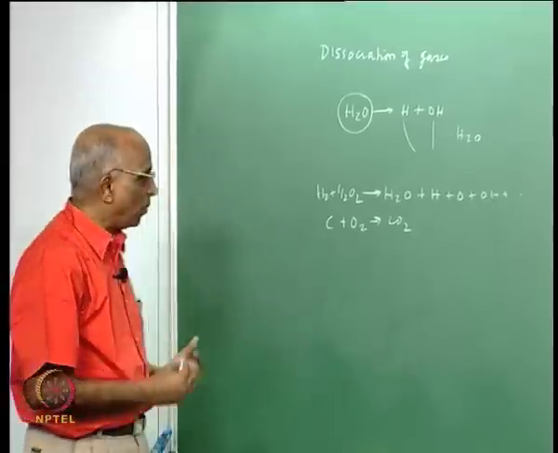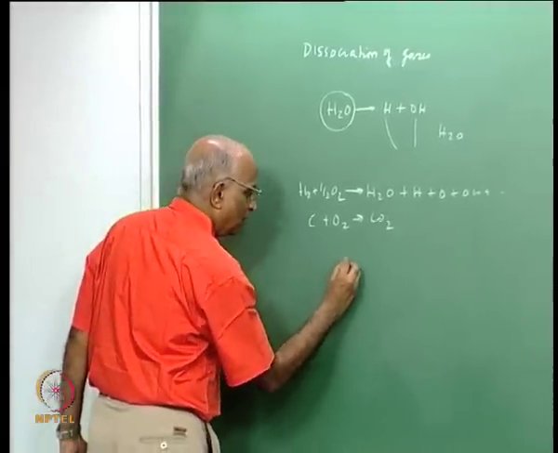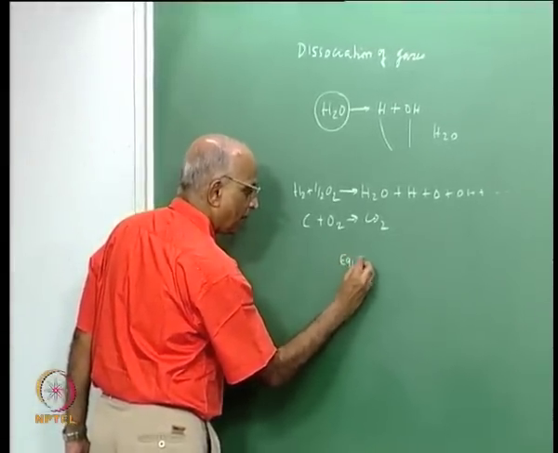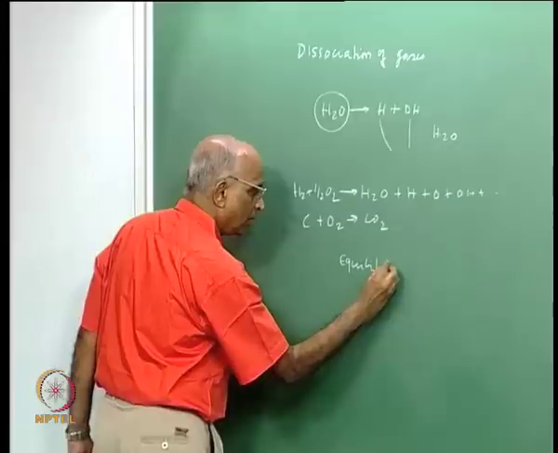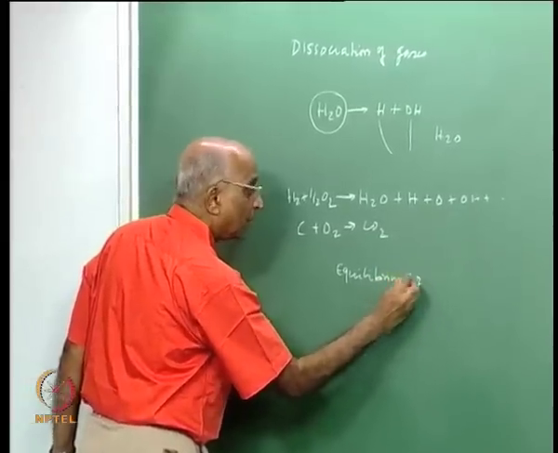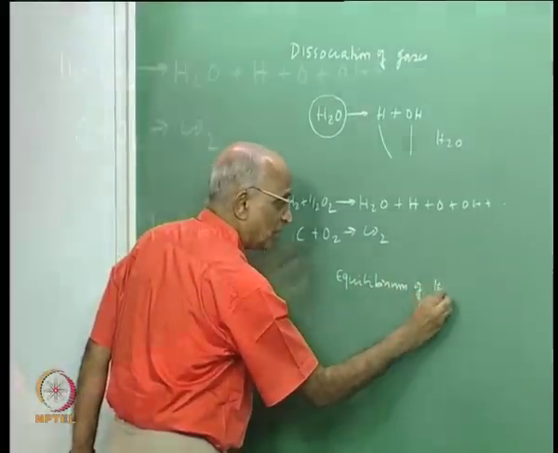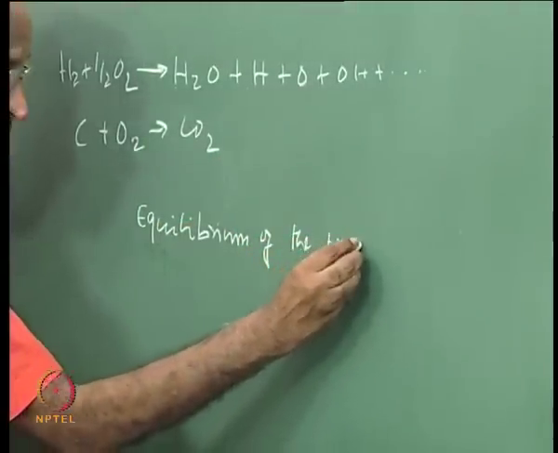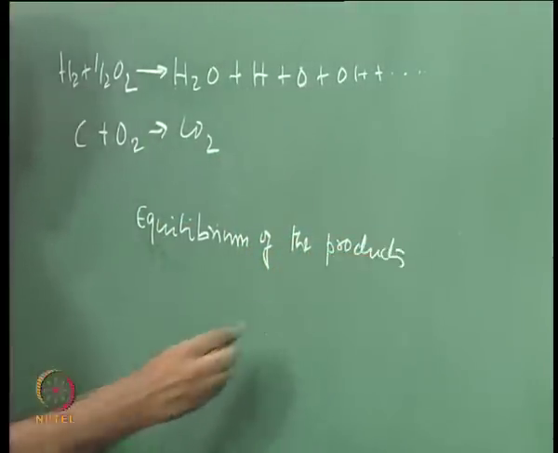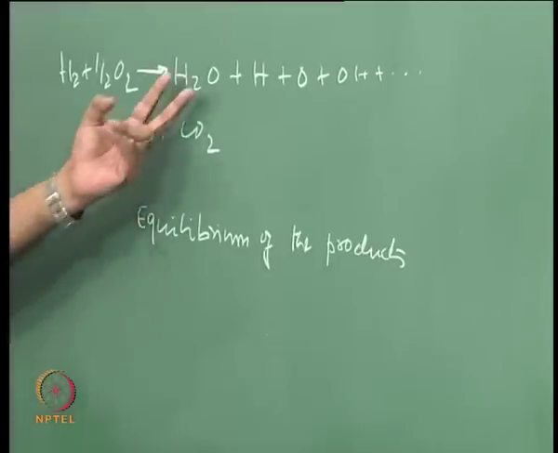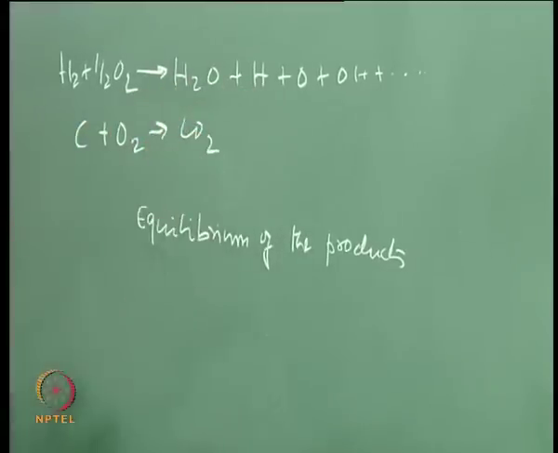And we were talking about this, we said, well, we will do something like an equilibrium of the products which are formed, maybe the reactants together, and see under what condition we can get this, and this is what we were trying to do.